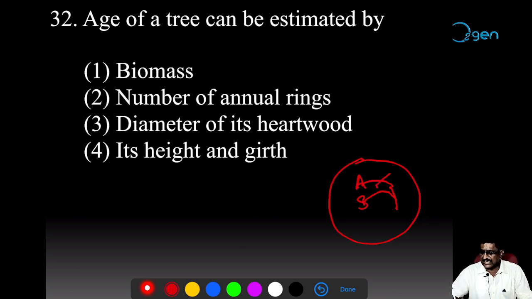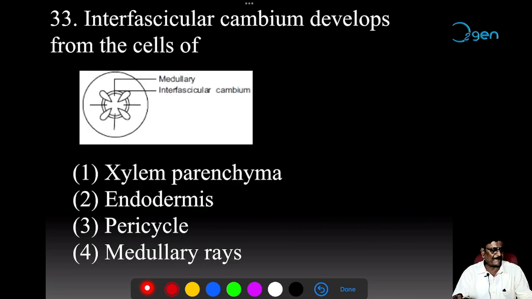So yearly one annular ring will be formed. By counting the number of annular rings we can calculate the age of a tree. Option second is correct.